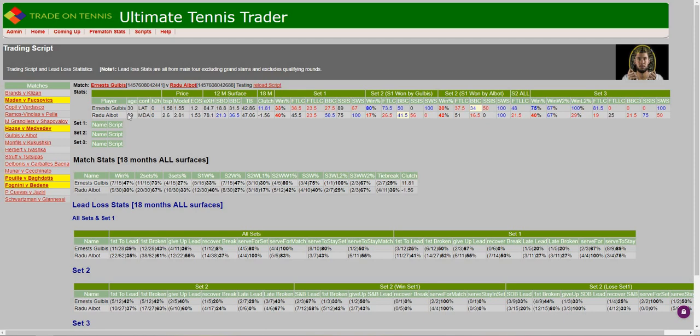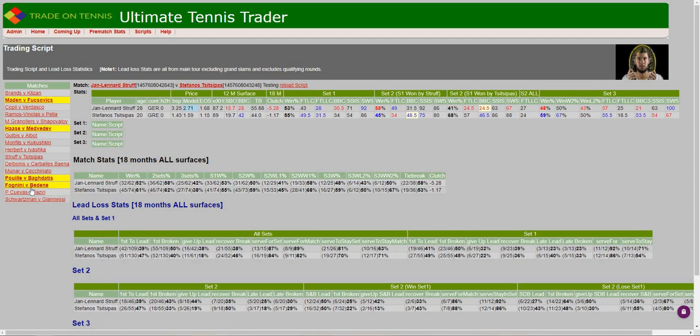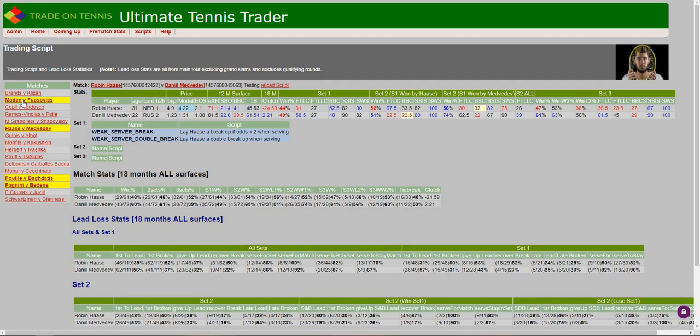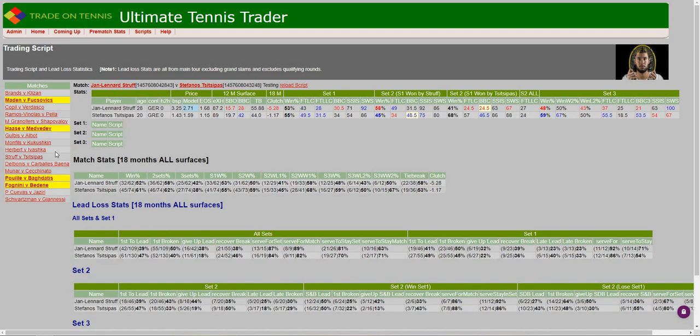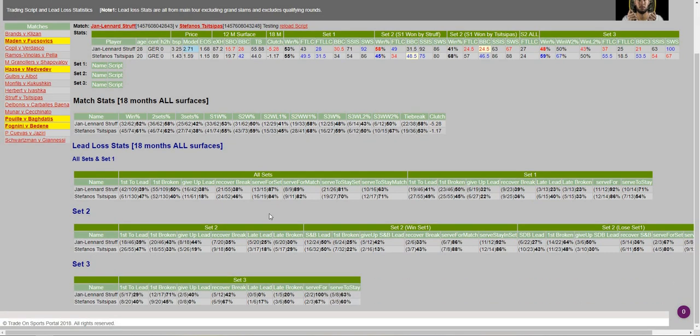Gulbis and Albot. There's no scripts. It's only the ones that are highlighted yellow. Okay, the ones that aren't highlighted, they don't have a script. But they have all the details and all the statistics there that you may need.